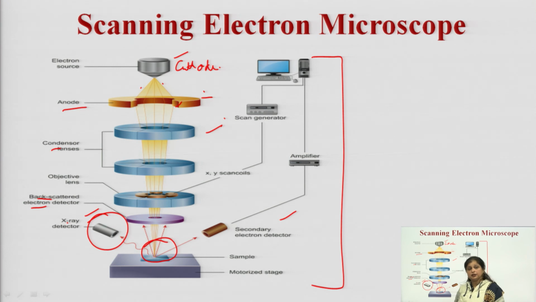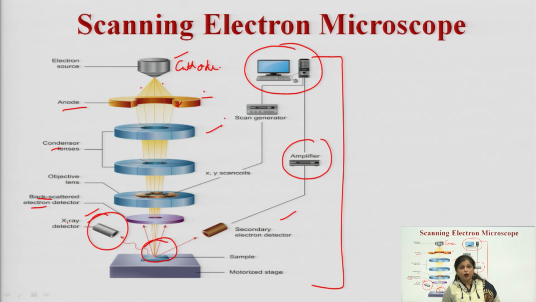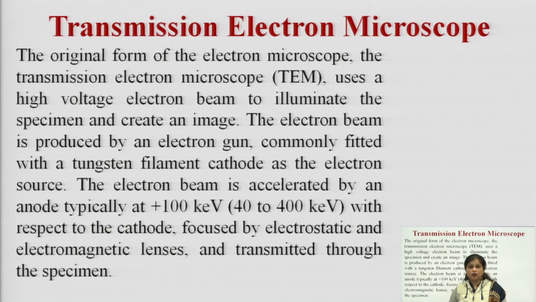The collected electrons are then amplified with the help of amplifiers, and after amplification they reach the digital screen, where we can observe our images.